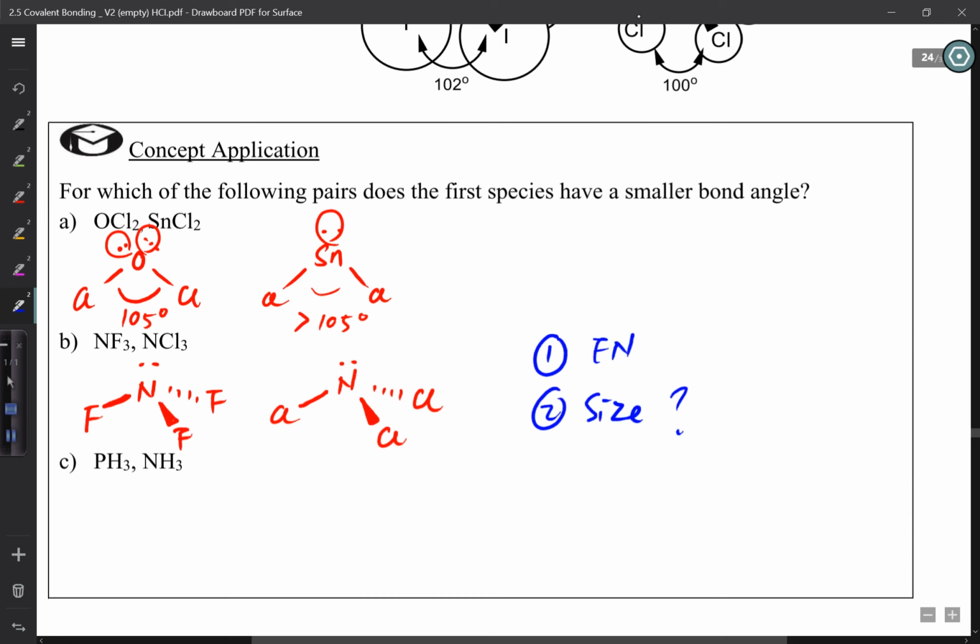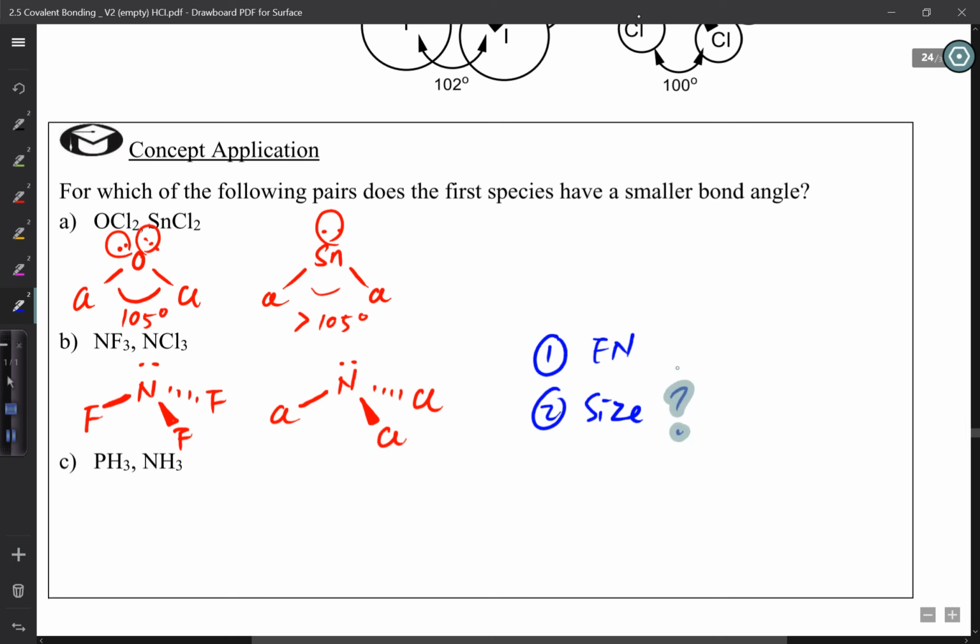If you use electronegativity, you will say that fluorine is more electronegative, right? So the repulsion will be weaker compared to this, so this one will have a smaller bond angle. But on the other hand, chlorine is bigger than fluorine because it's below, so you can say that this bond angle is bigger. Either way, you will get the same answer: the first one is smaller, the second one is larger. So using either one is fine.